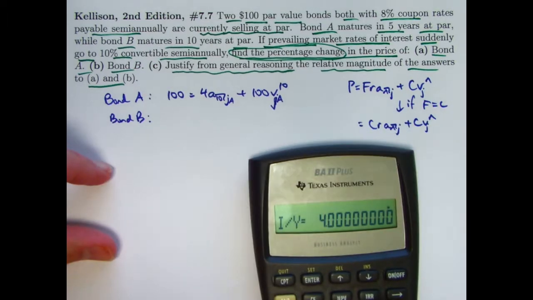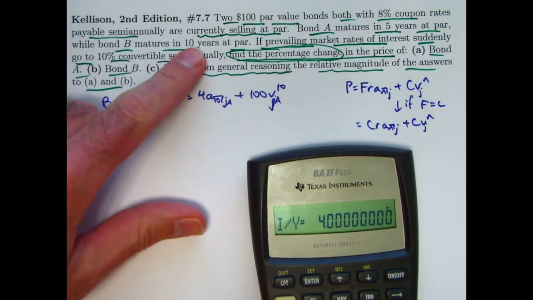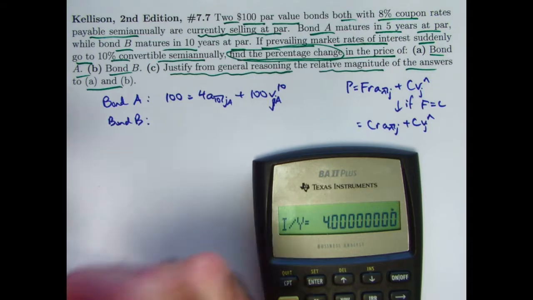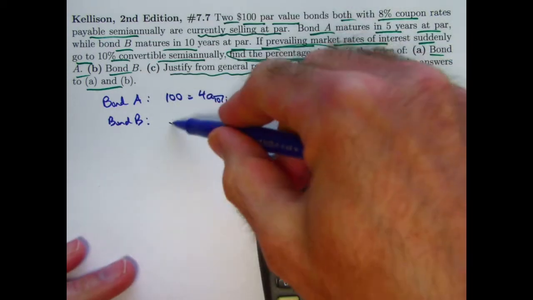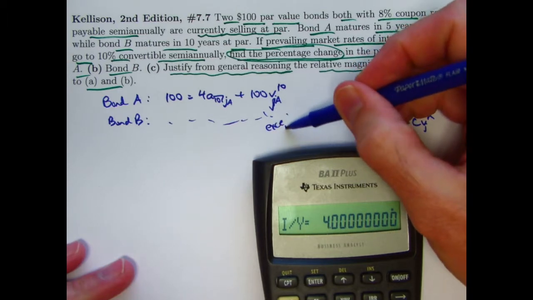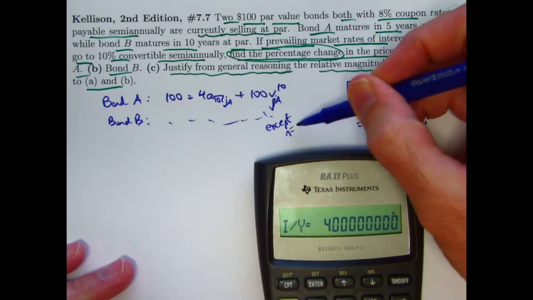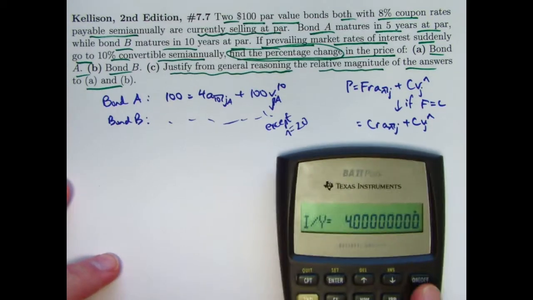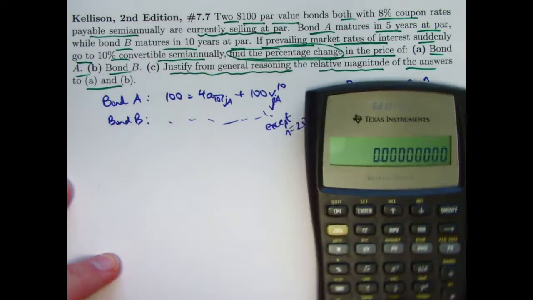Would that happen with Bond B as well? Well, it must, even though the term is different. I won't bother writing down the equation of value, except n would equal 20. Do the same thing with your calculator, except make n equal to 20.